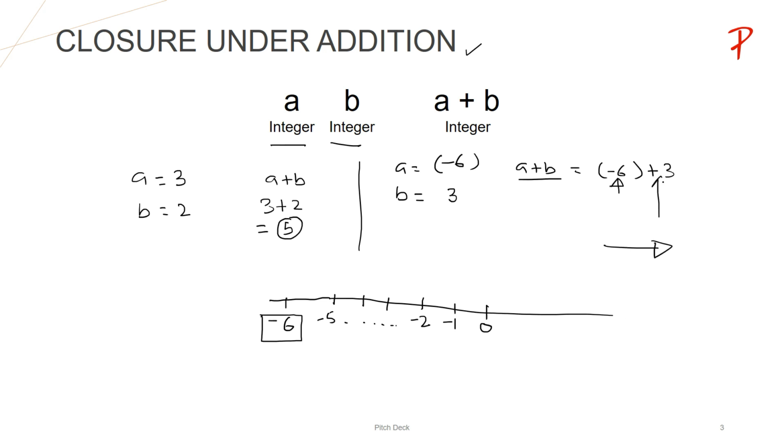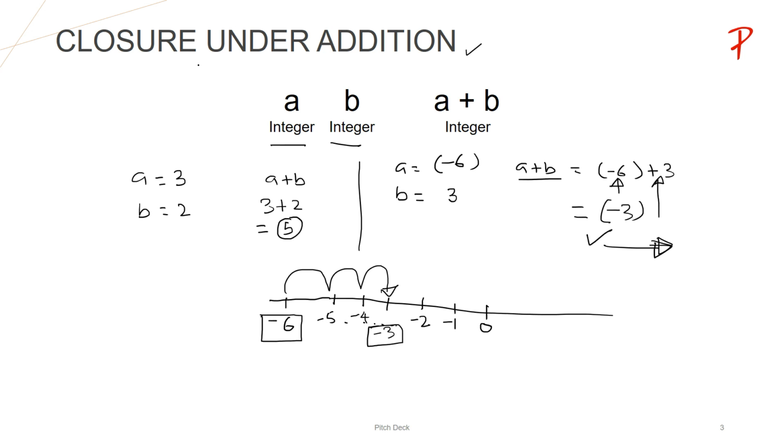So from -6 we have to add 3. I will take 3 steps, 1, 2, 3 steps in the right direction. So this is -6, -5, -4, and this one is -3. We reach -3. So -3 is also an integer.